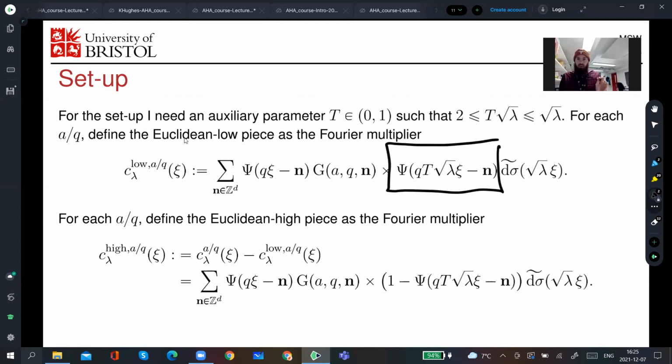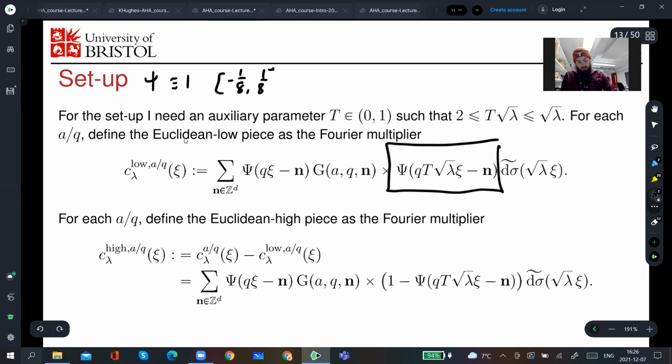So psi was our fixed bump function, which, just to remind everyone, is equal to 1 on minus 1/8 to 1/8 in every direction, and supported, so it's 0 outside of minus 1/4 to 1/4 in every direction.